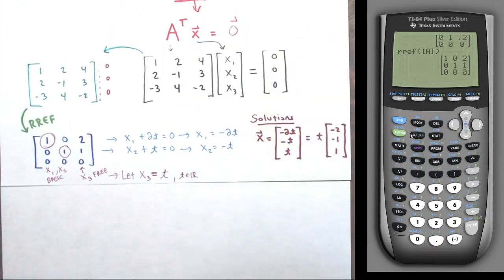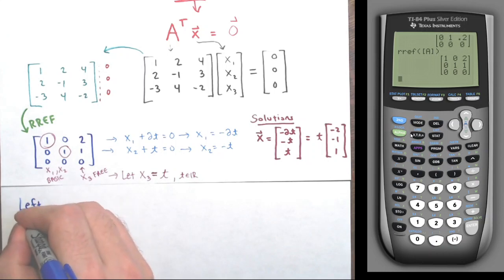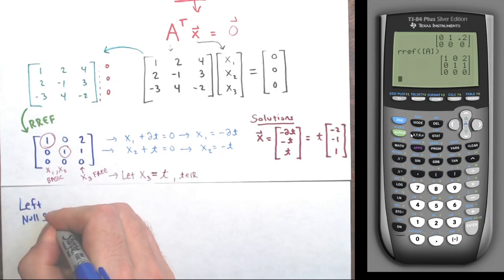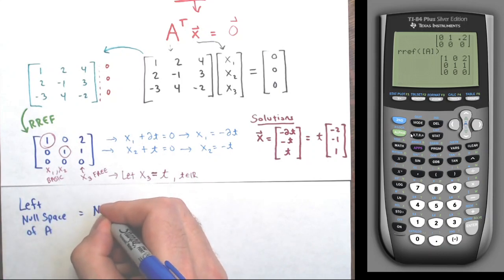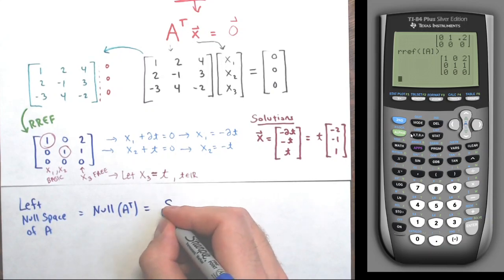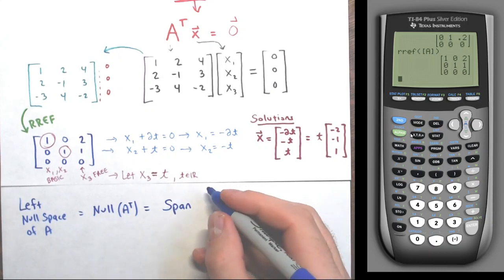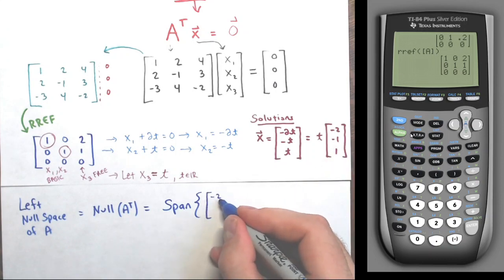So the left null space of A, which is also the null space of A transpose, is the span of the set with just the vector negative 2, negative 1, 1 in it.